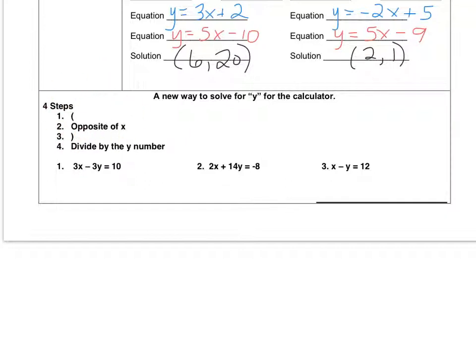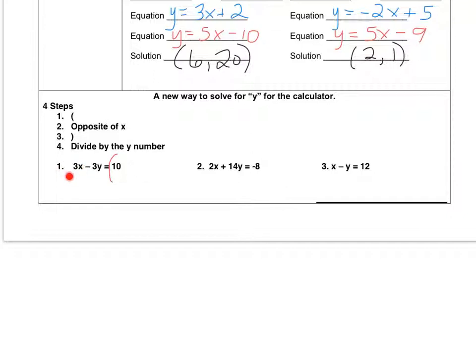And every single time, you're going to start by putting a right parenthesis. So we're going to put that right parenthesis right there in front of whatever we have on the right-hand side. Next thing we're going to do is write the opposite of x. So what is the opposite of our x term right here?